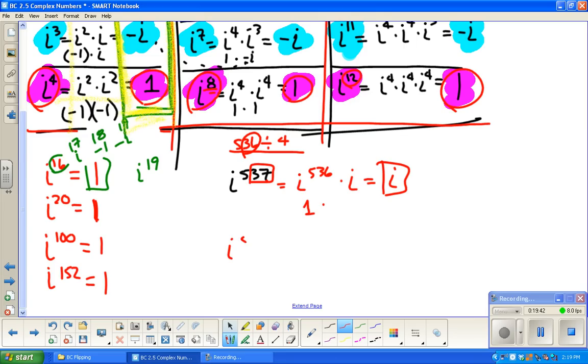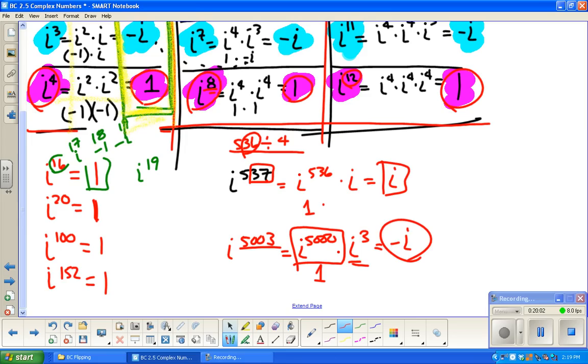i to the 5003. Well, I know that 5004 would be a multiple of 4. So you can decide how to do this, but i to the 5000th would be a multiple of 4 times i to the third. Well, this is 1. This is negative i.